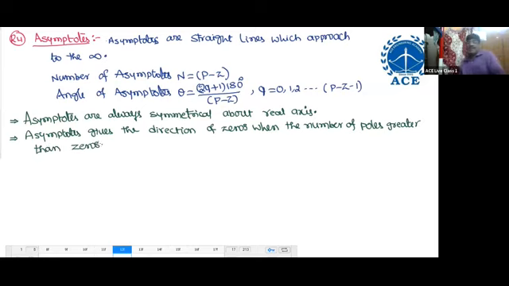Whenever poles are greater than zeros, asymptotes give the direction of zeros. In case poles are less than zeros, asymptotes give the direction of poles.